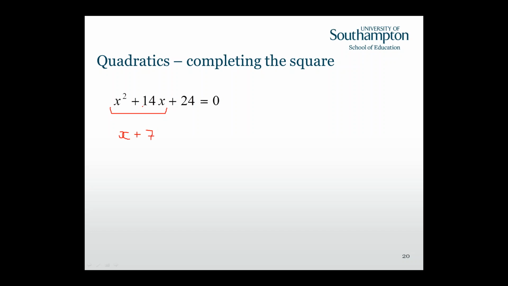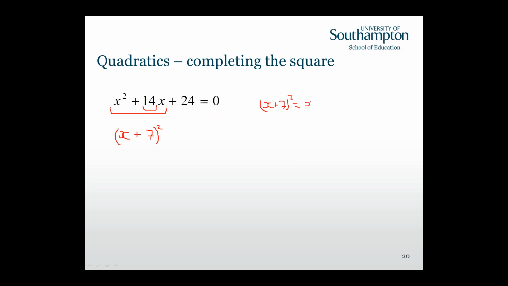You halve this figure here, the linear number, and put it into brackets with x as its own quadratic. So we're now going to just think about that. (x + 7) squared is (x + 7) times (x + 7).